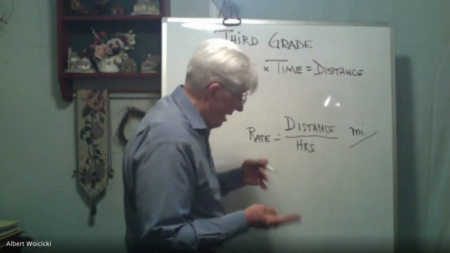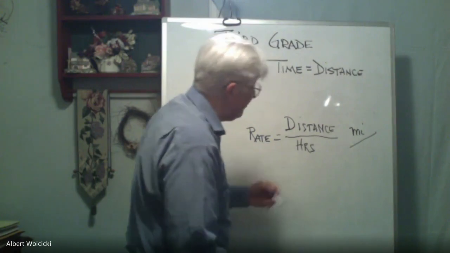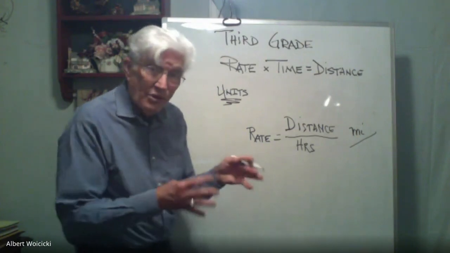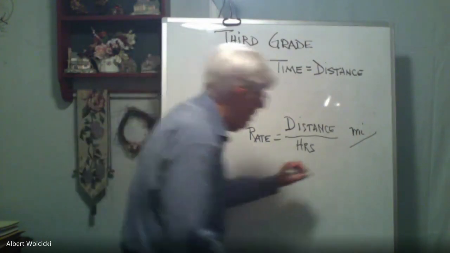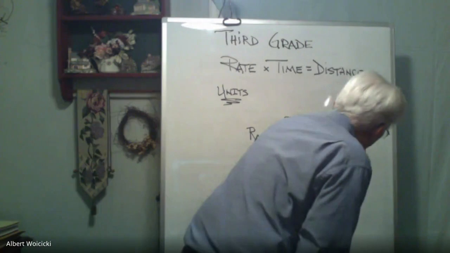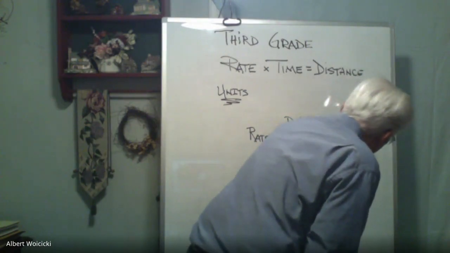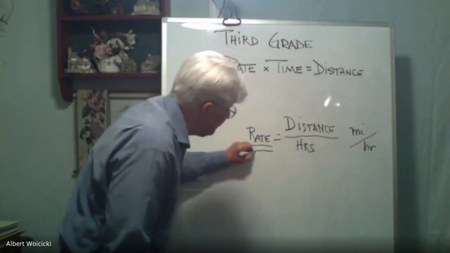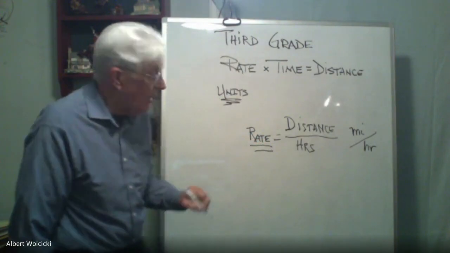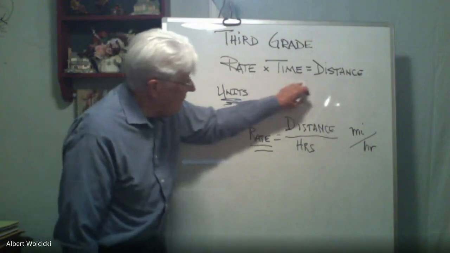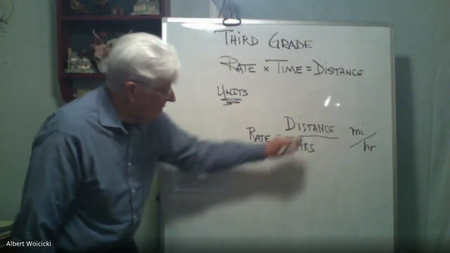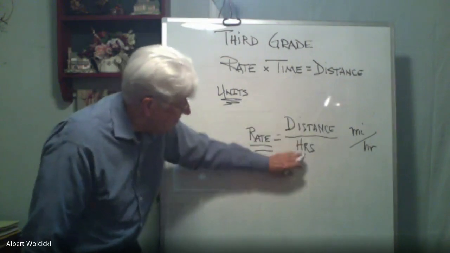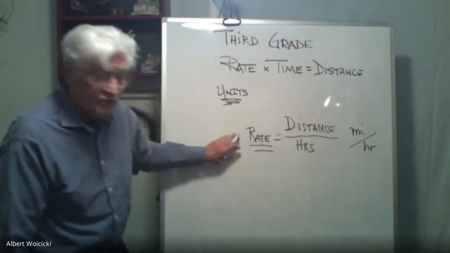Miles per hour. Now, how many miles did they go every hour? What was their speed per hour? Miles per hour. How fast were they traveling? And that is their rate. So rate times time equals distance, but distance divided by the time, or hours, tells them their rate.